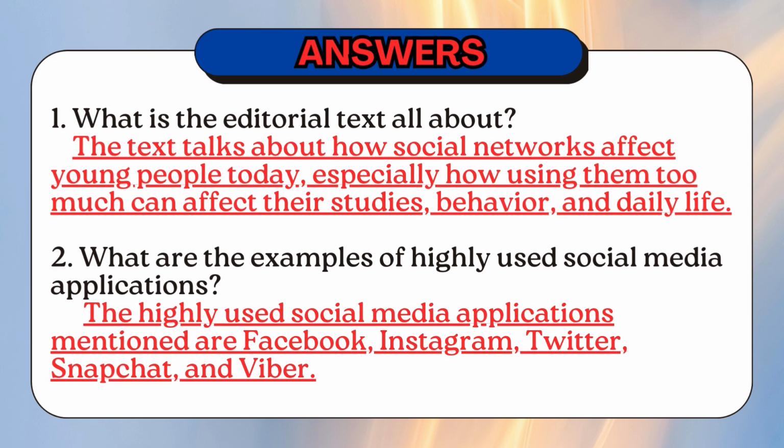Here are the correct answers. 1. What is the editorial text all about? The text talks about how social networks affect young people today, especially how using them too much can affect their studies, behavior, and daily life.